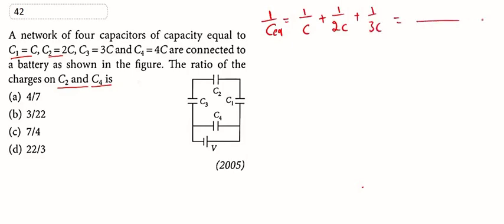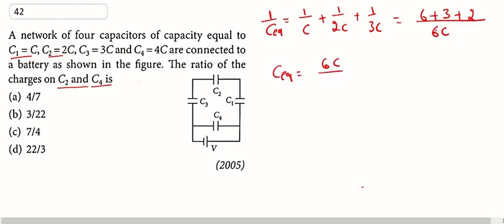That is equal to, LCM 6C, so 6 plus 3 plus 2. Then C equivalent is equal to 6C divided by 11.